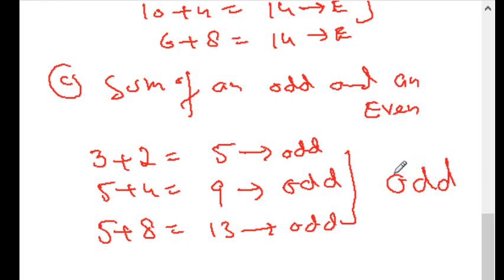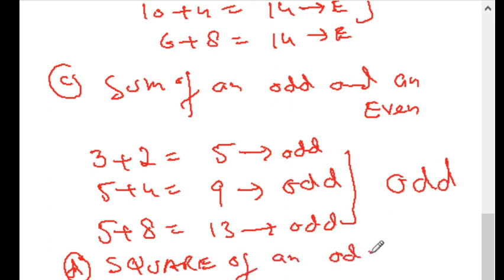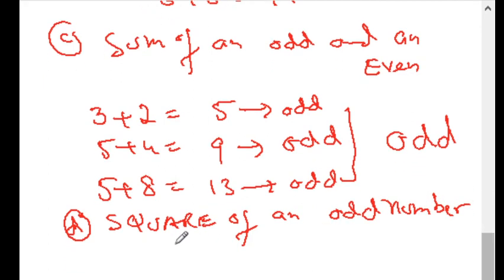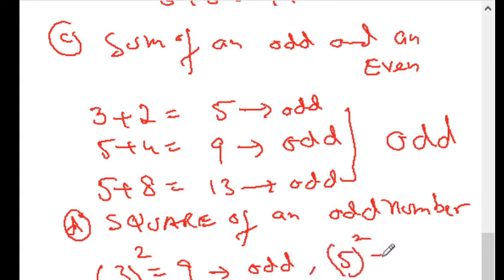The square of an odd number, part D. Now see here, if we get odd number 3 and we take its square, it's 9. 9 is also odd. 5 is odd. Square of 5 is 25.